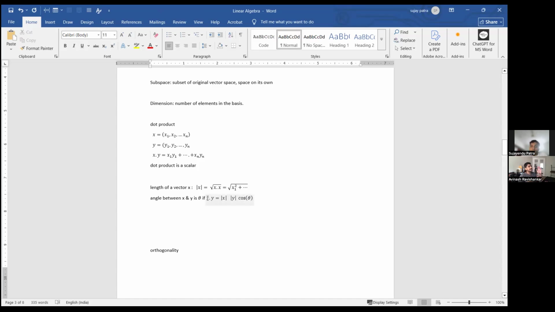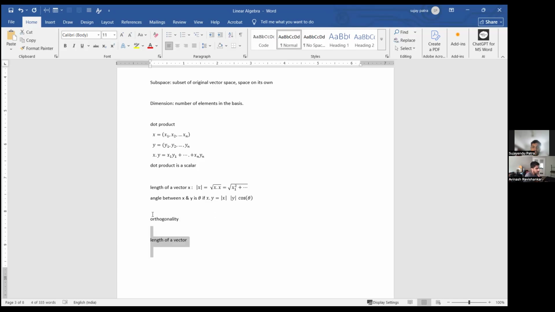So if it's the same vector, the angle between them is 0 and cos theta is 1, so the dot product will just be the magnitude of x squared.